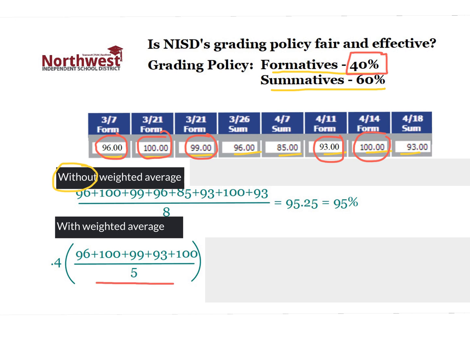We would take that average and we would get 40% of that average. Well, 40% as a decimal is just 0.4. So we would take 40% of that average, so 0.4 times all of that. Then we would take our summative grades, and those are going to get averaged in at 60%.